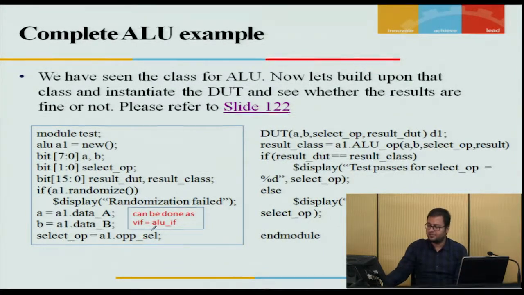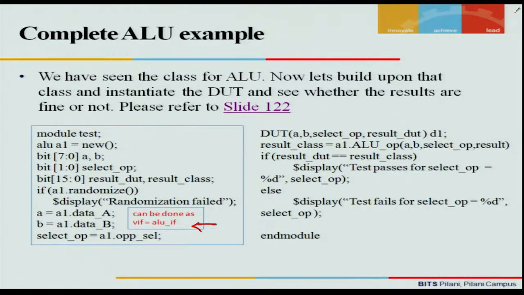And this can also be done in the same way of VIF equal to ALU underscore if as well. So in this case, this is the more standard approach, where the virtual interface is given a handle of an actual interface, and the signals pass from the actual interface to the virtual interface, and then you are doing an operation select, and you are passing all the inputs to the DUT through this implementation.